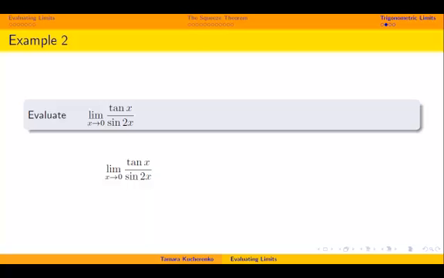We need to algebraically transform the function to utilize the limit of sine theta over theta. First we write tangent x as sine x over cosine x. Then we multiply the numerator and the denominator by 1 over x.